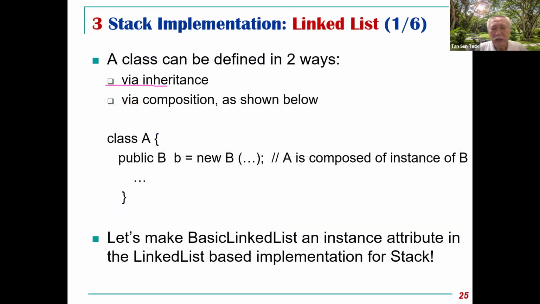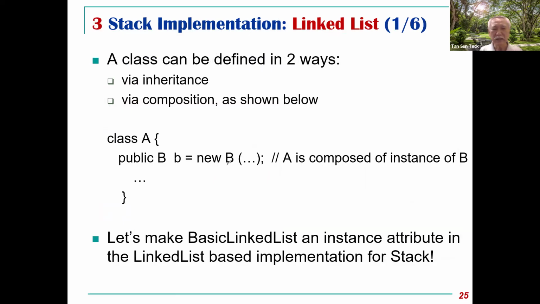We can also implement it by creating a new class, and we can do it in two ways. One is using inheritance, but we are not going to talk about this currently. Otherwise, we just use composition, meaning that we already have a class, and we use it to create a new class.